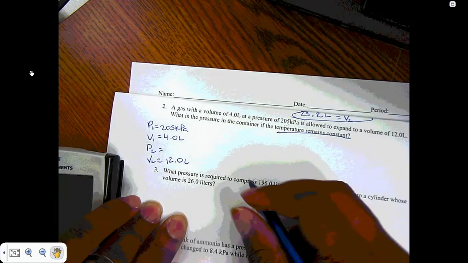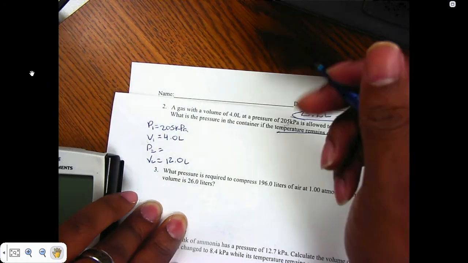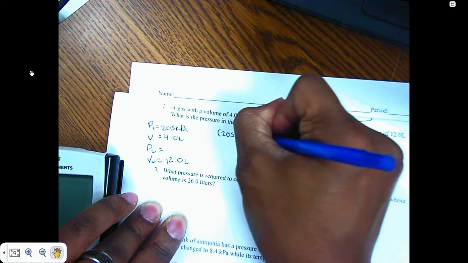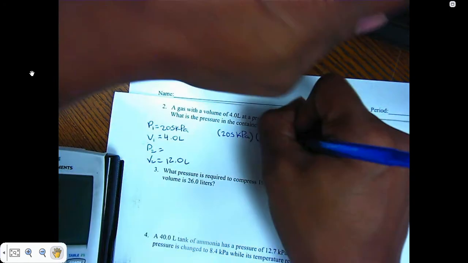Now, to solve this question, all we're going to do is simply plug in the values. That's our P1. 4 liters is our V1.